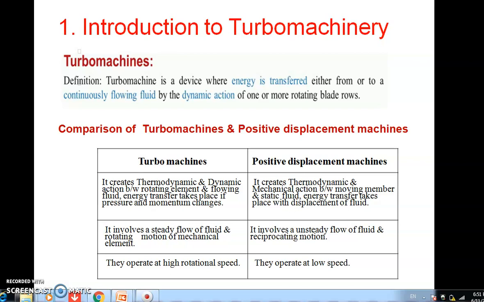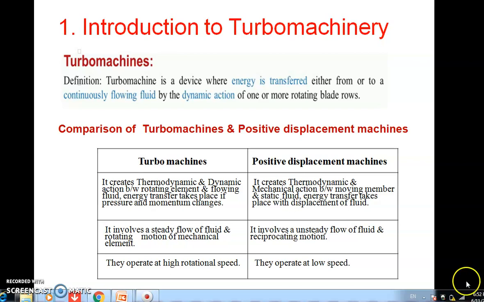Turbo machines operate at high rotational speeds, while positive displacement machines operate at very low speed. In compressors, the speed of turbo machines is as high as 1 lakh rpm or 1,50,000 rpm.